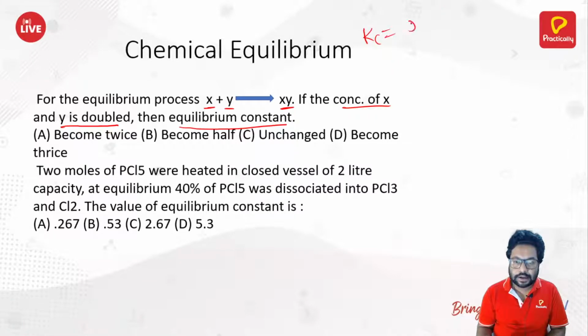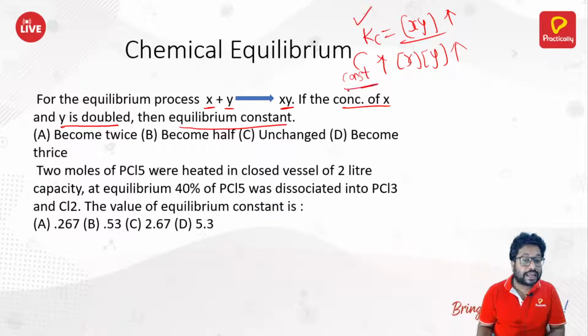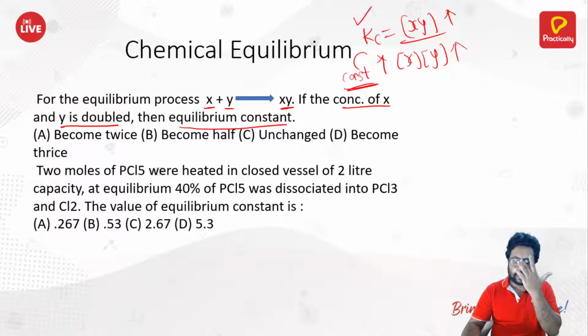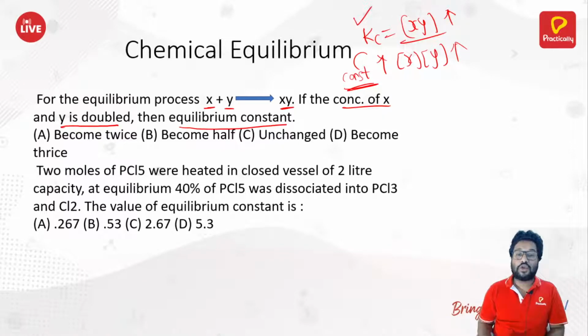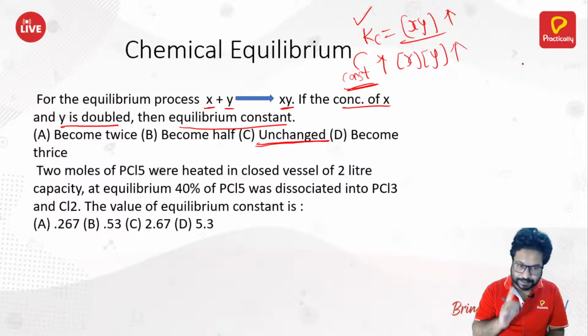Your Kc is equal to concentration of xy divided by concentration of x and concentration of y. So as soon as you increase the concentration of the reactants, the concentration of xy also increases, so that Kc remains constant. Even if you increase or decrease the concentration of x and y or xy, the equilibrium constant always remains unchanged. Remember that always.